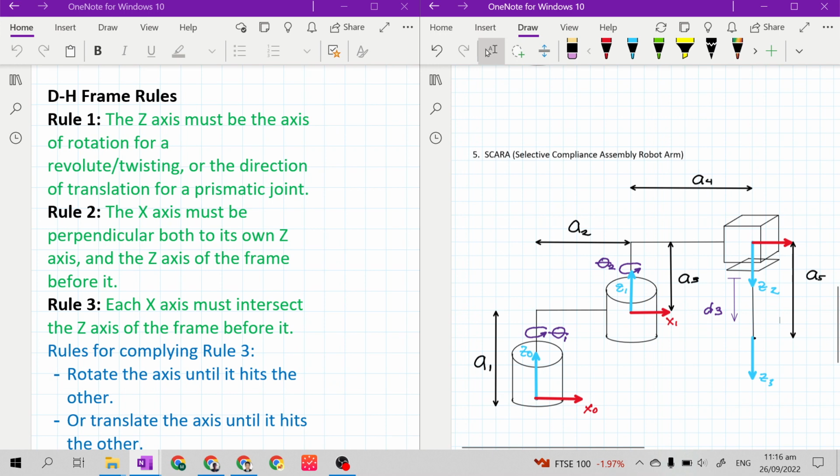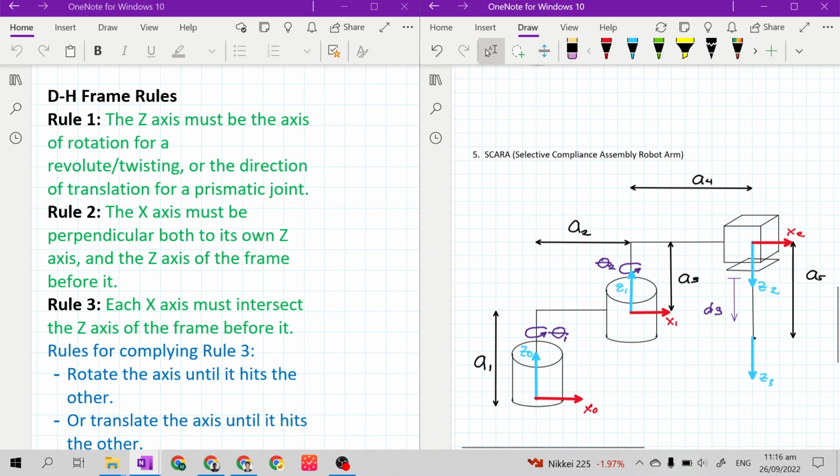I will point it to the right, for future computations. Trust me about the future computations. There are lots of computations we will do after finishing the DH notation. So this is x sub 2.